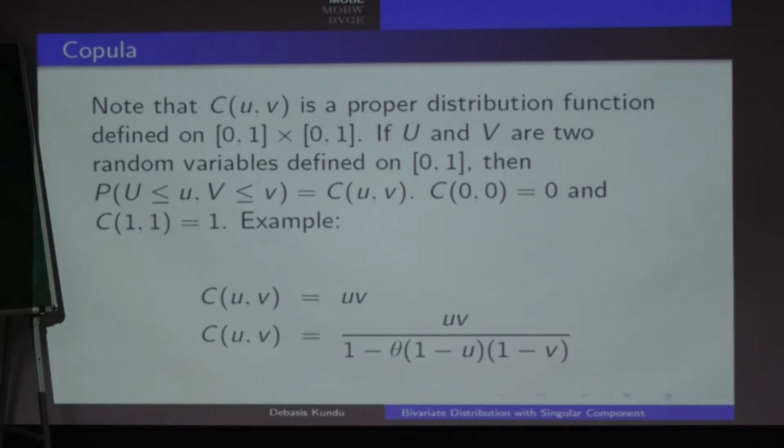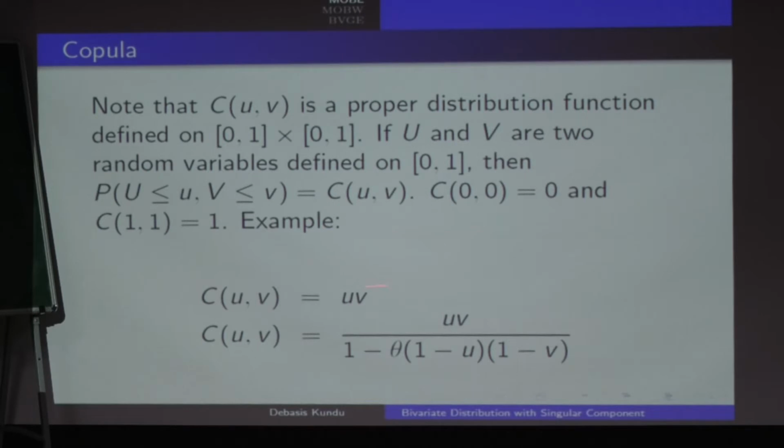So let's look at a couple of very simple examples of copulas. Suppose U and V are two random variables defined on [0,1], as I said, because it's a proper distribution function. C(u,v) is simply the probability that capital U is less than or equal to u, and capital V is less than or equal to v. That's the standard definition of the distribution function. So clearly C(0,0) has to be 0, and C(1,1) has to be 1.